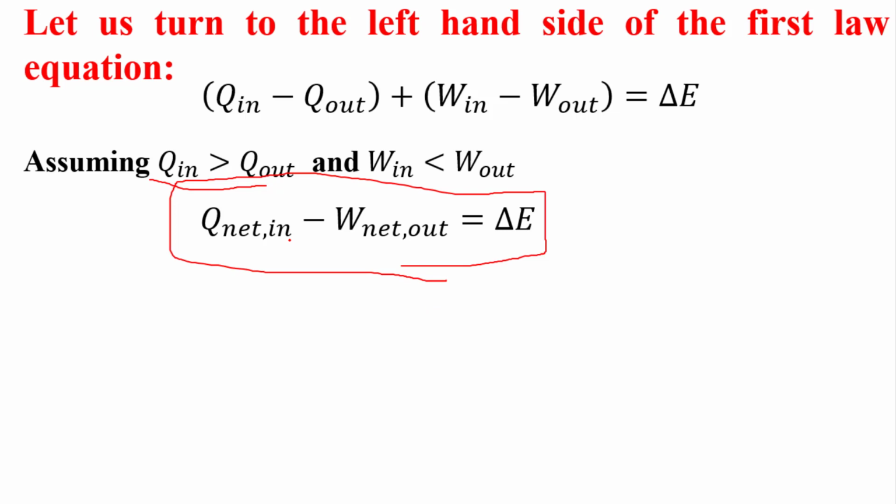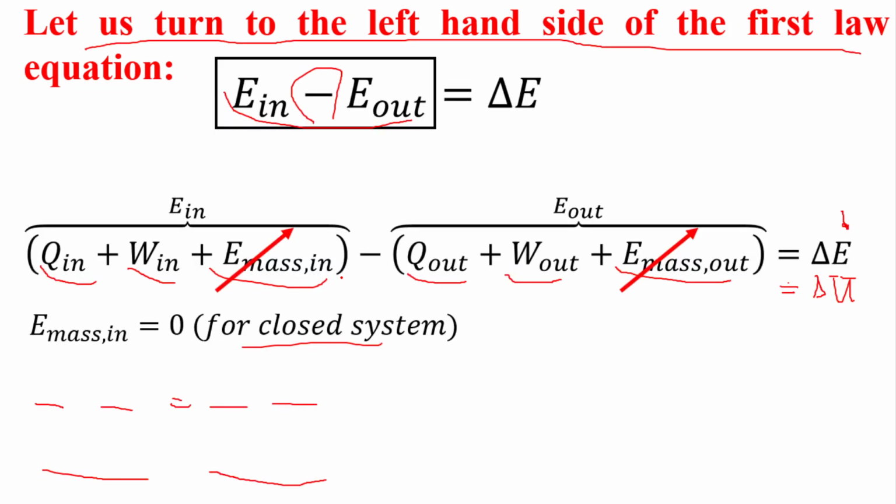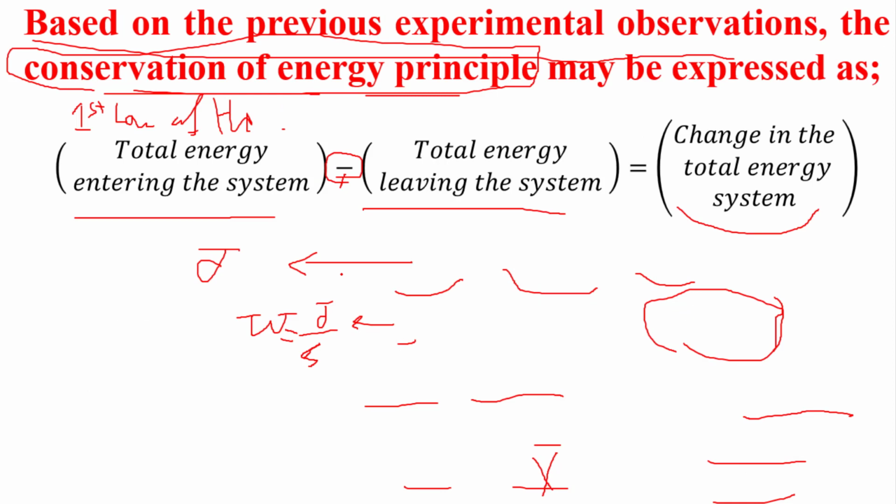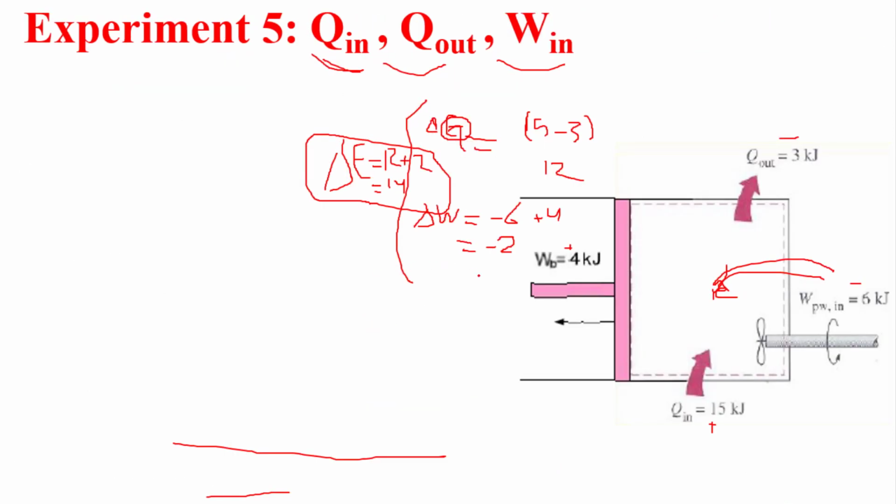And this is what happened in this example. Remember this example here, when we said we have W equal to minus 2 and Q equal to 12, then we must write it like this, based on the final equation, delta E for the system.